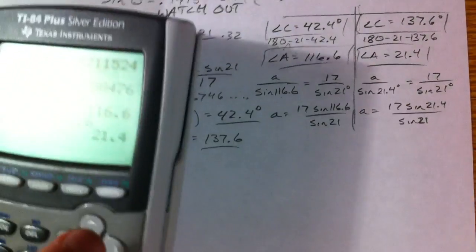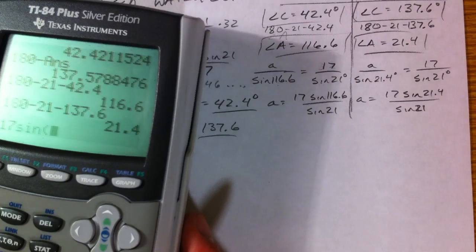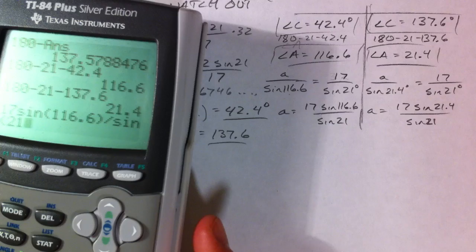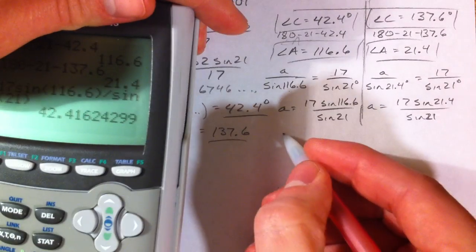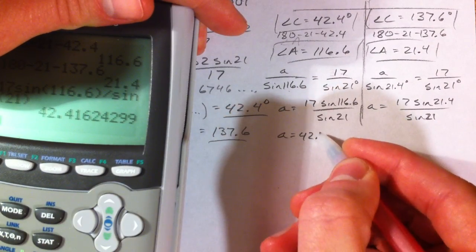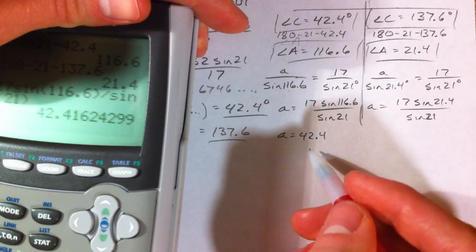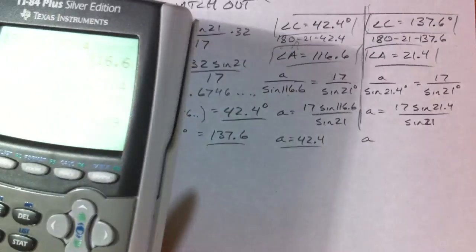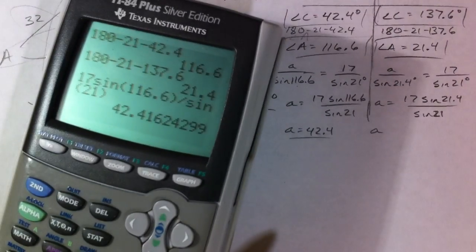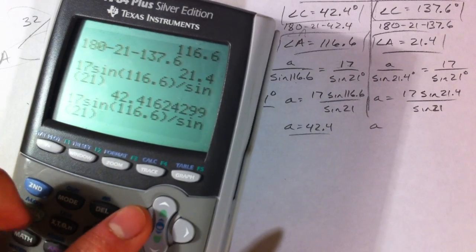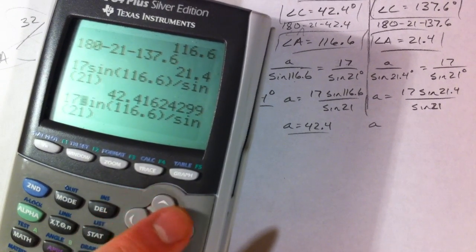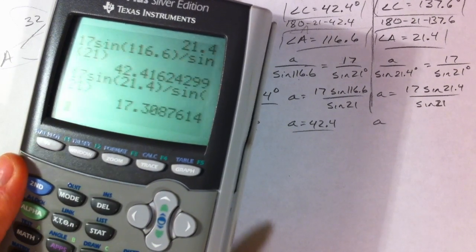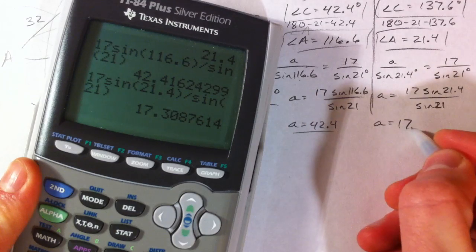So we're going to do this. 17 times the sine of 116.6, divided by the sine of 21. So we get A can be 42.4, or A can be, and I'm going to hit the second answer and use my 21.4 in there, 17.3.